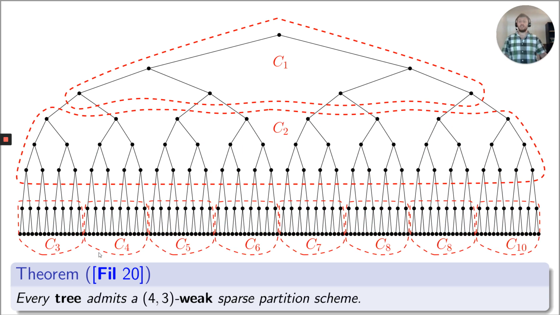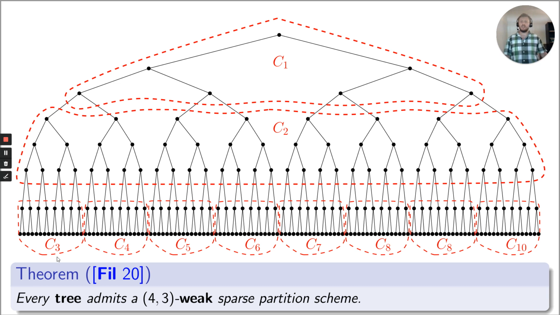Okay. Next, one can also construct a good weak sparse partition scheme for trees. And the idea here is that you might have the same issue, with all kids separated from the father. But now we can put all these kids in one cluster because it does not need to be connected.